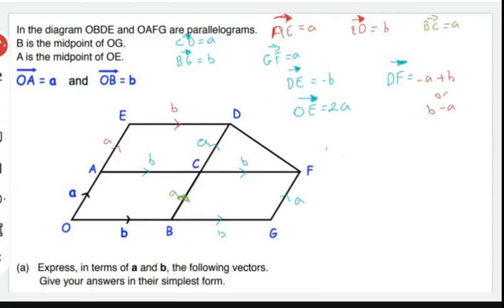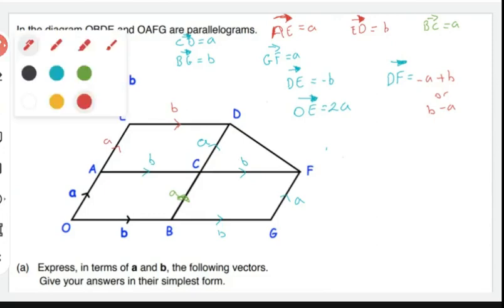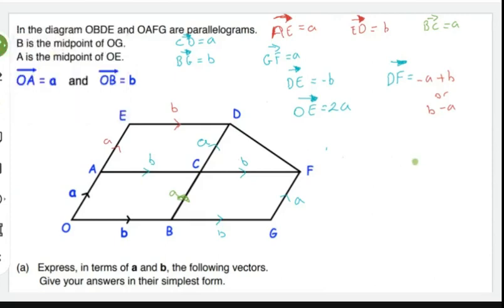Cool. All right. That being said, I'm probably going to say this at least 5 times: it does not matter how you get from one letter to another. It doesn't matter what path you take, as long as you start at the first letter and end at the second letter. You can take the wackiest path and it's the same result. So I want to go from O to F. 2b plus a.